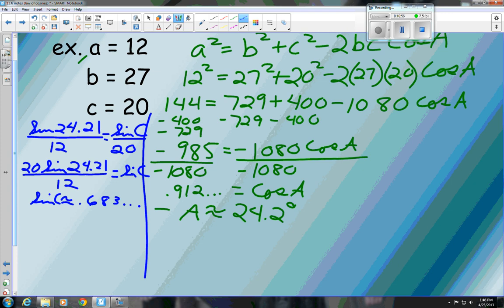Second sine, second answer. So C is approximately 43.1 degrees. So I've got two of them.